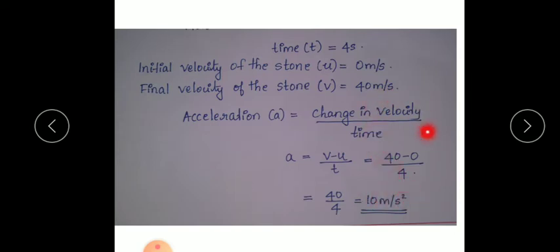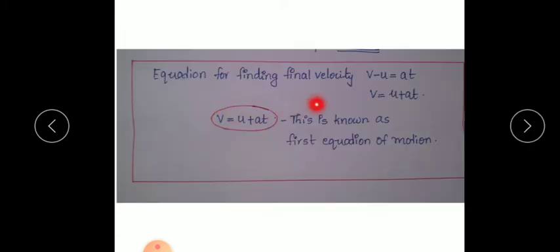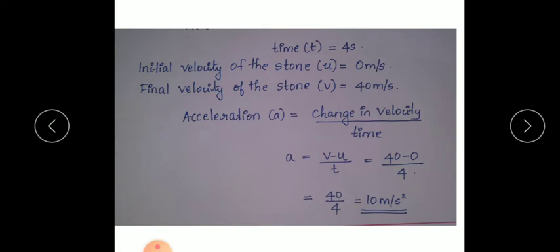So we can write, using this equation, acceleration a is equal to v minus u divided by t. On rearranging, we will get v minus u is equal to at.